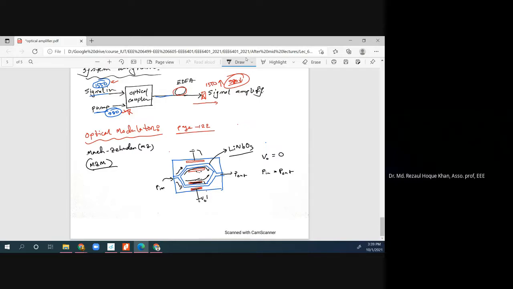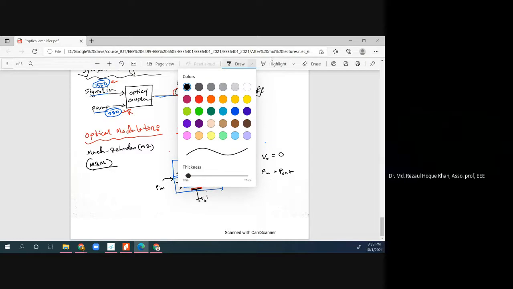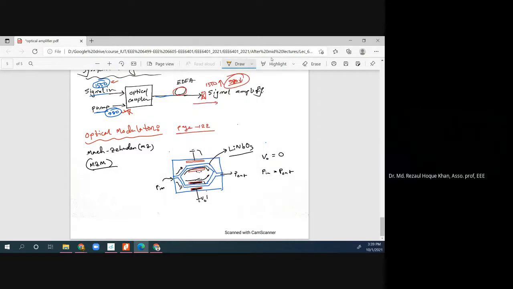What happens if we increase V0? If we increase the voltage, the refractive index of the lithium niobate changes.